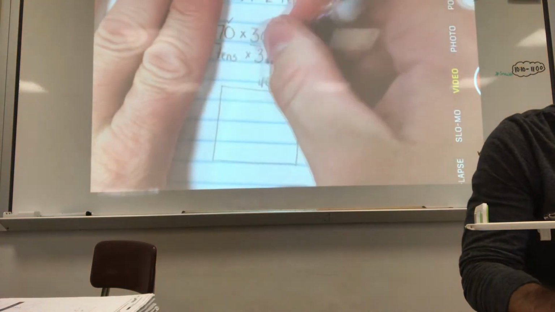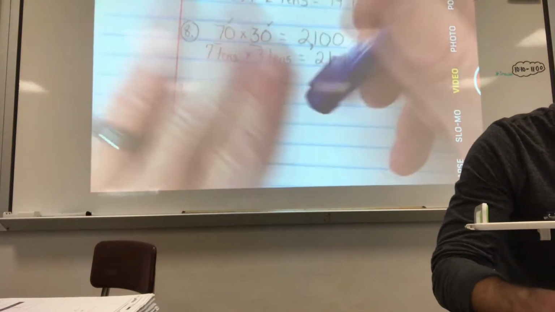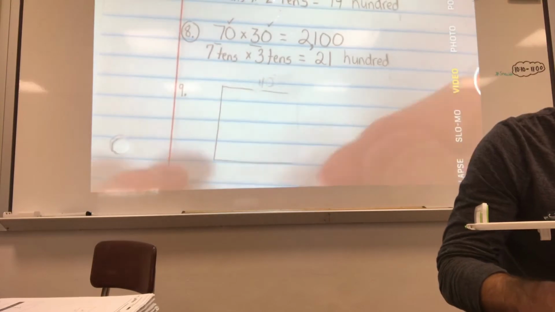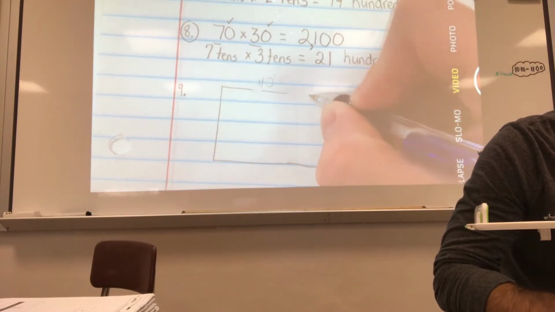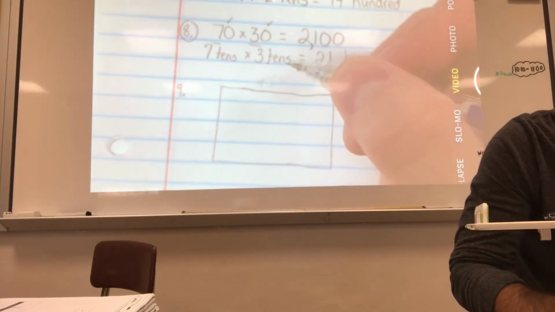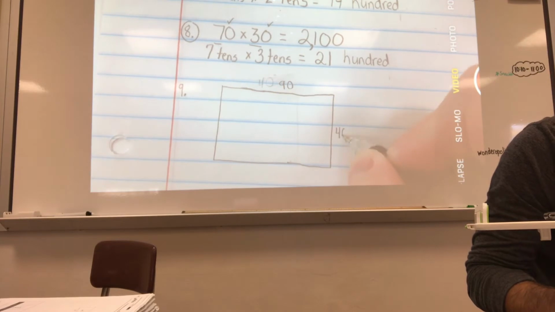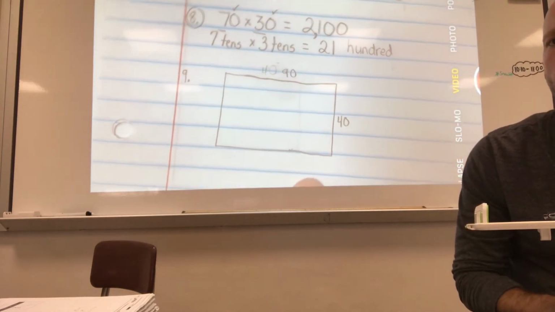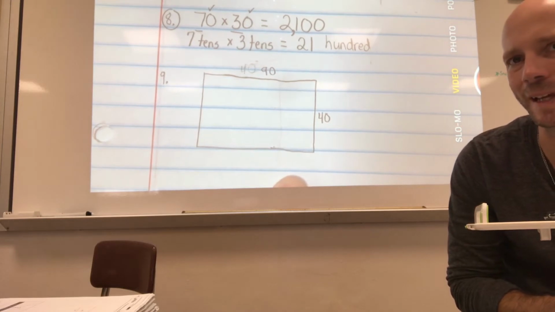Oops, we'll go the other way around. Probably should have made that a little bigger. I'm going to put my 90 on top. And then 40. So now area model for this is length times width. Area equals length times width.